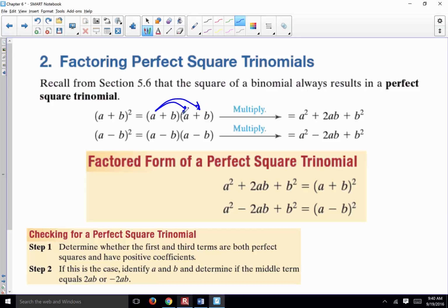It's FOIL: first, outside, inside, and last terms. But once somebody goes through this foiling procedure, first term is this, last term is this, but what happened to O and I? I don't see two separate ones, I see a single term here. What happened? Where is O and I in FOIL?